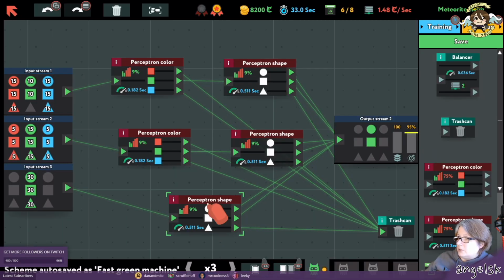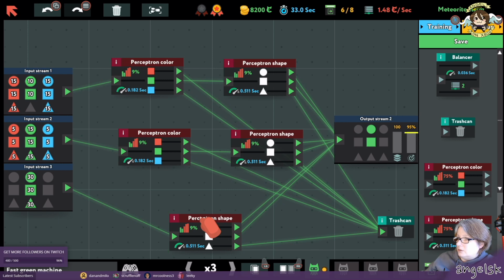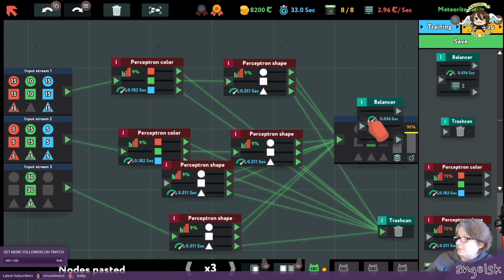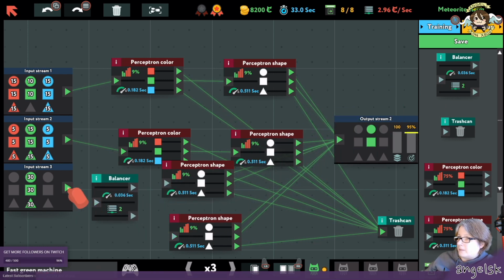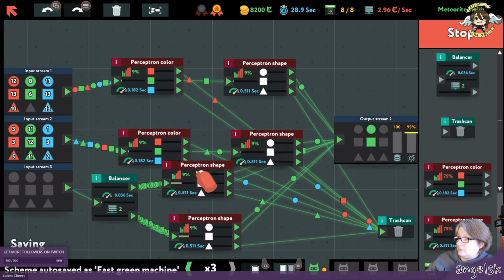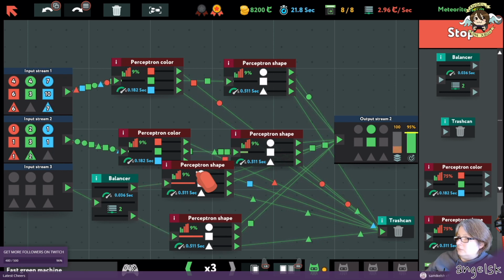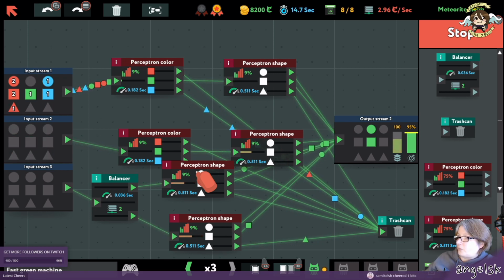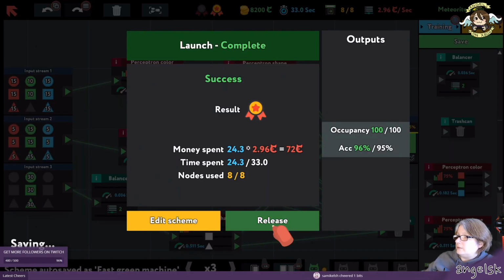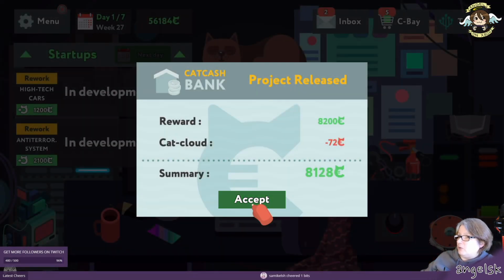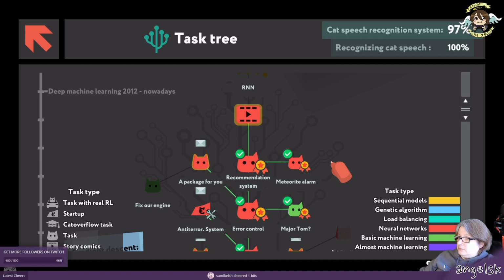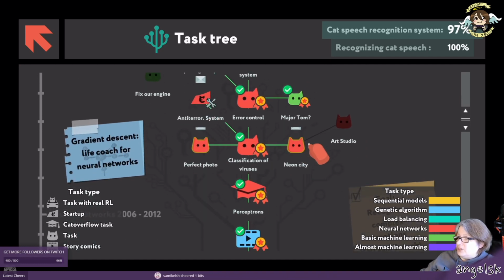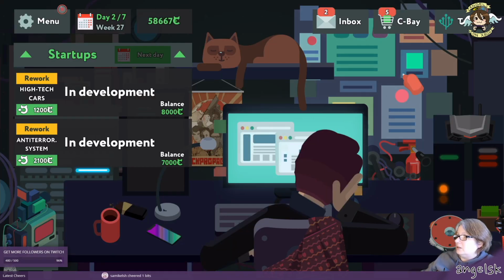Okay, I'm gonna have time. This needs load balancing, because there's a lot in here. There we go. Alright, we've got one final gold. But yeah, we got stuck on all the other ones and we don't want to go onto the RNN.